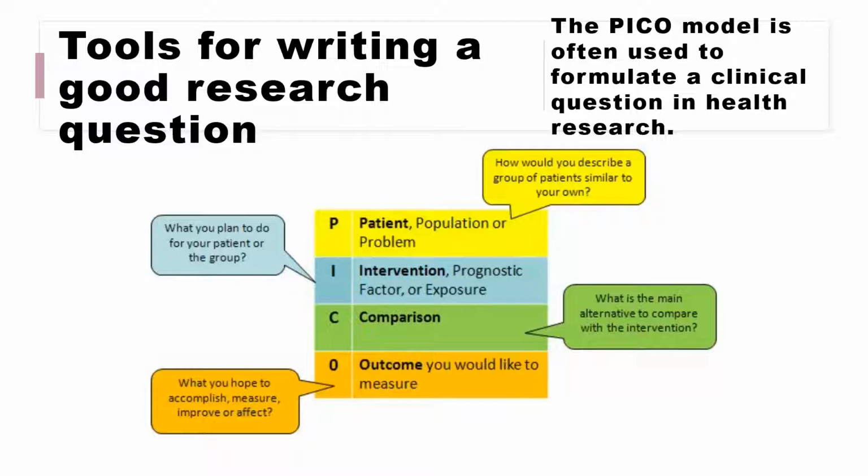So using this framework or another framework, it just helps you to think through if your question is focused enough and if it is going to be answerable. And it gets you to start thinking about what sort of literature you'll actually be looking for to find the evidence to answer your question. So will you be looking for randomized controlled trials? So you would be if you were looking at the effectiveness of a drug compared to a previous one or a placebo.